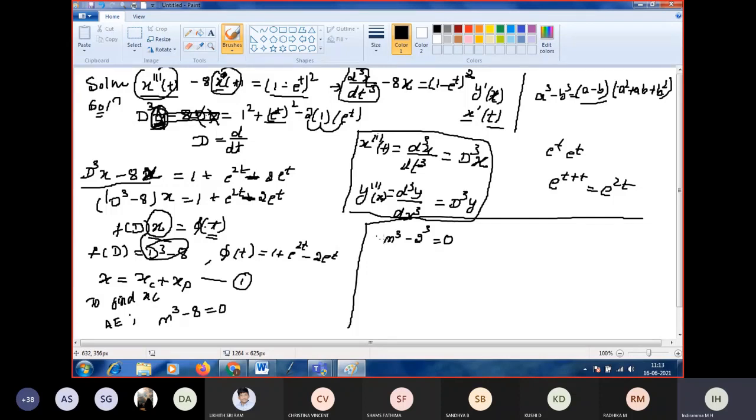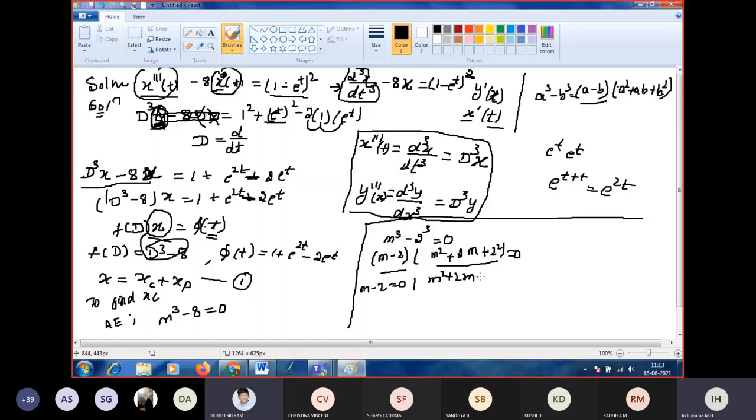Here a is m and b is 2. Now use it: (m minus 2) into (m square plus 2m plus 2 square) equals 0. Now it is like a into b equals 0, which means either a equals 0 or b equals 0.